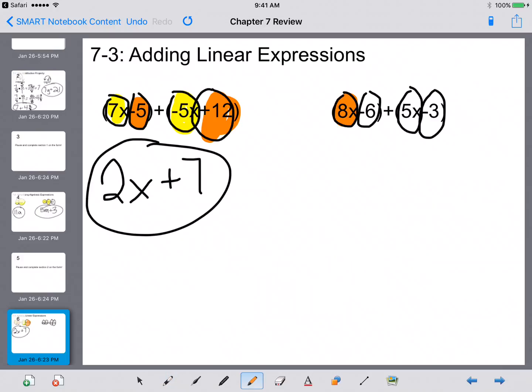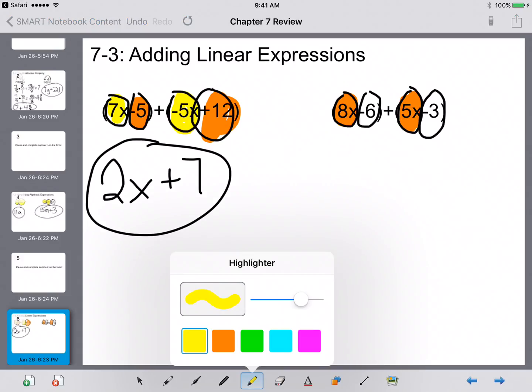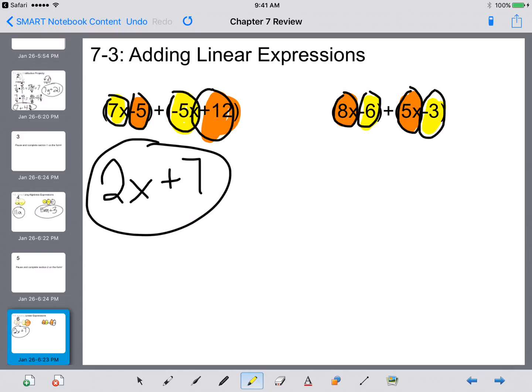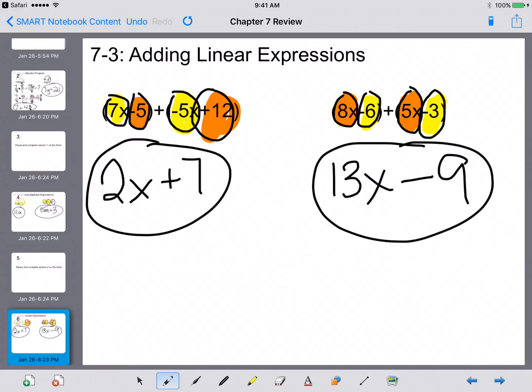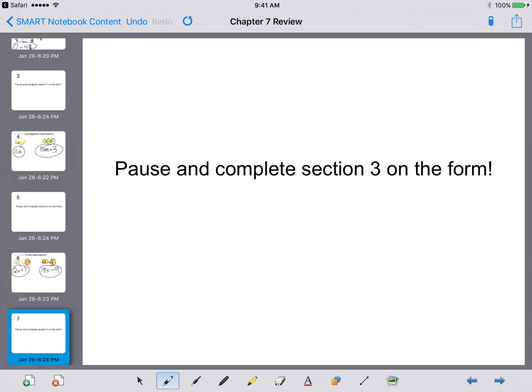Our like terms being 8x and 5x, and minus 6 and minus 3. 8x combined with, so plus 5x, gets us 13x, and minus 6 combined with minus 3, so negative 6 plus negative 3 gets us negative 9. And there's your answer there. You can pause now and complete section 3 on your Google form.